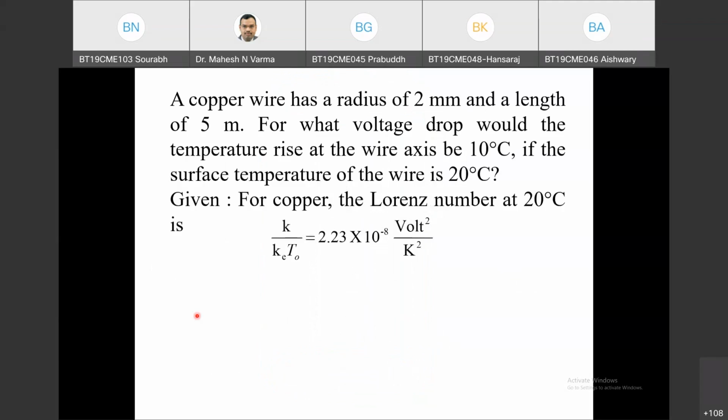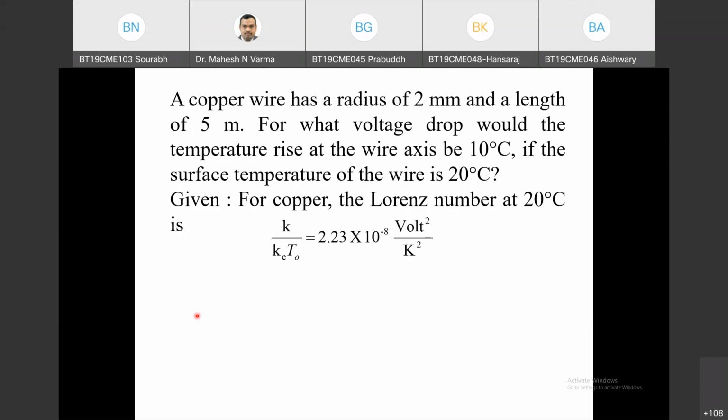Okay, take down this problem and solve this. Very easy problem. A copper wire has a radius of 2 mm and a length of 5 meter. What voltage drop would make the temperature rise at the wire axis 10 degrees Celsius if the surface temperature of the wire is 20 degrees Celsius?